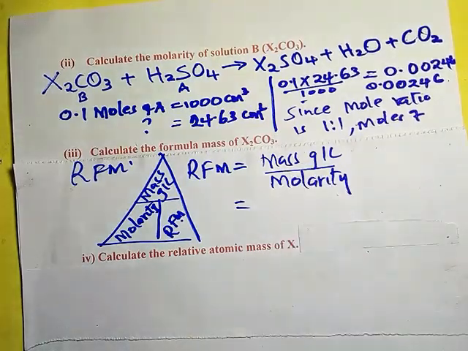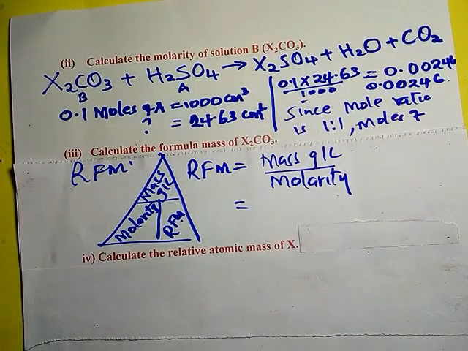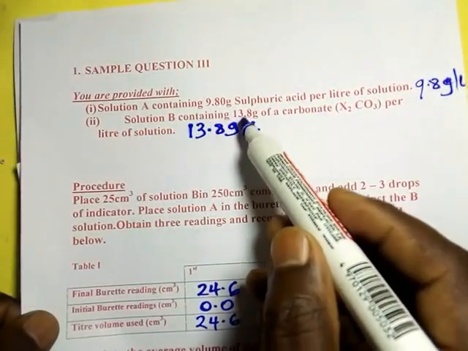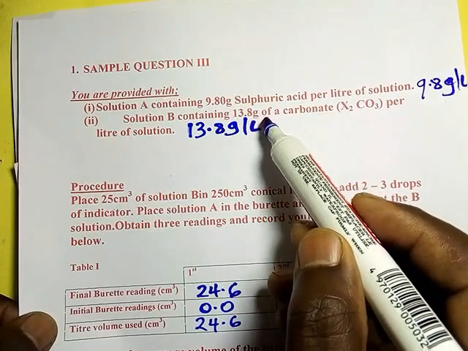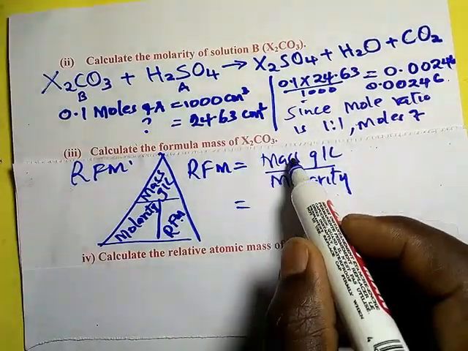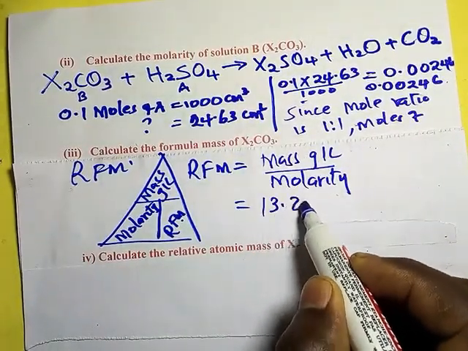Solution P contains 13.80 grams in 1 liter. So this is the mass in grams per liter, that is 13.8.